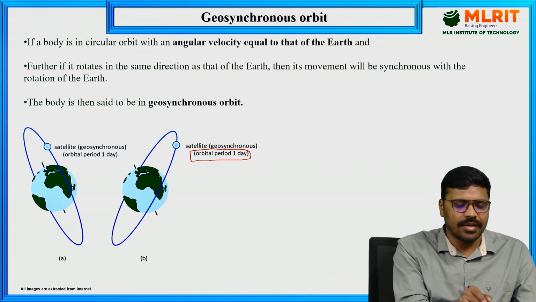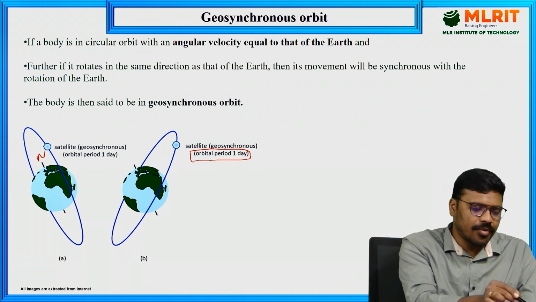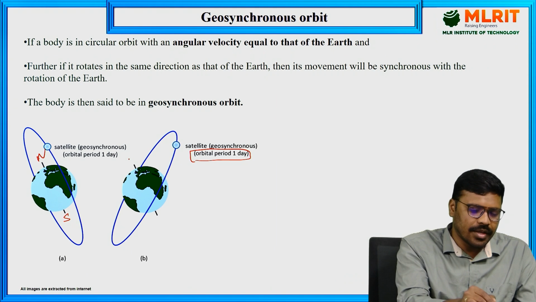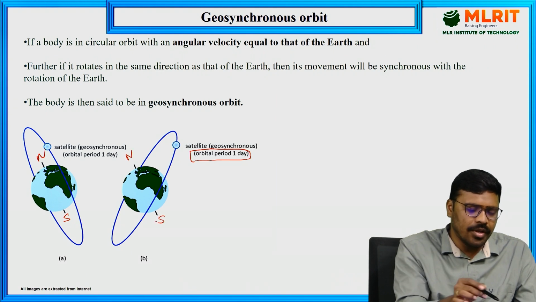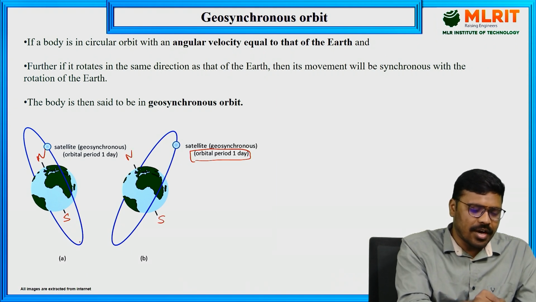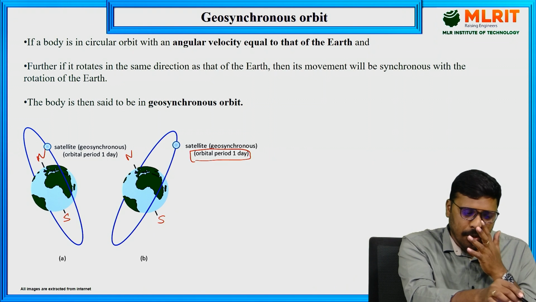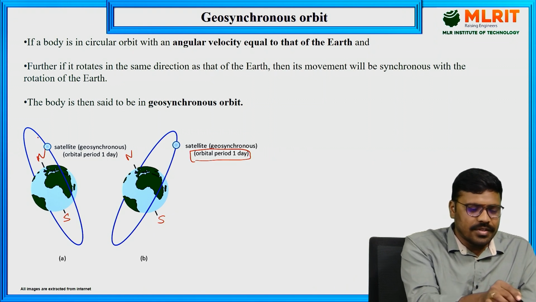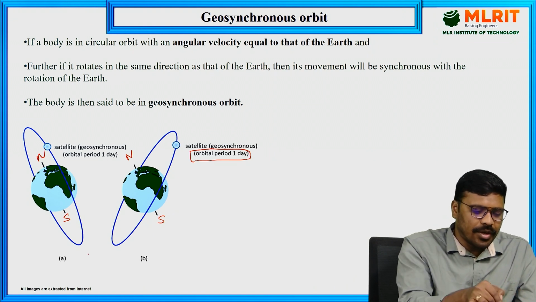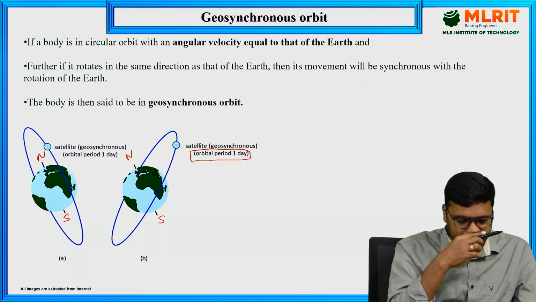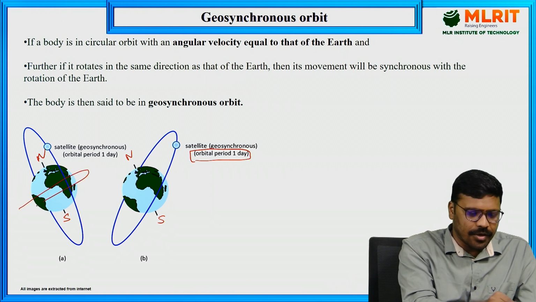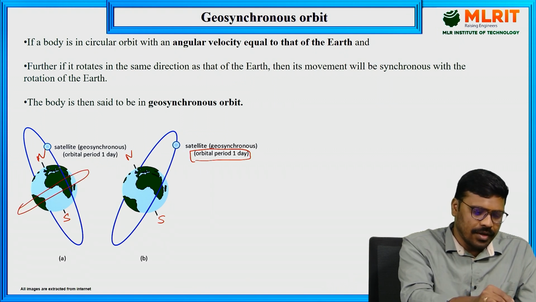Here you can see the diagrams. This is the North Pole and this is the South Pole. Here also it is North Pole and South Pole. You can see this orbit is moving through the poles, perpendicular to the equatorial plane, making almost 90 degrees.